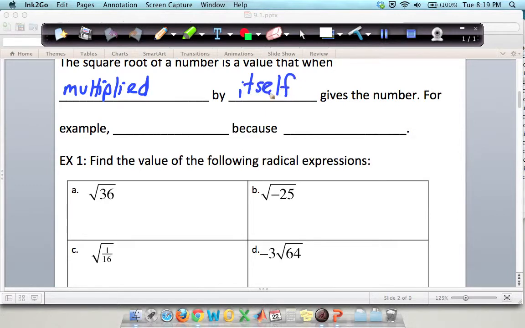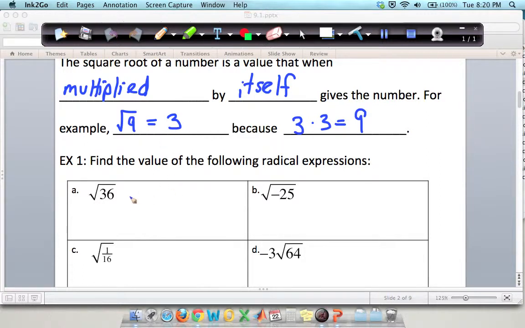So for example, the square root of 9 equals 3 because 3 times 3 equals 9. So the square root of 9 is saying what number multiplied by itself gives you 9, and that is 3.